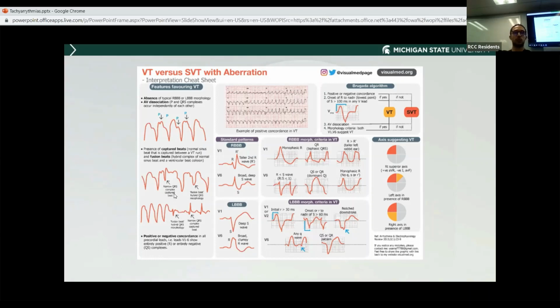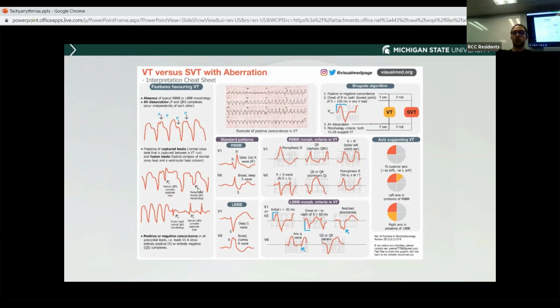So if you have a captured beat, which is a normal-looking QRS, this is a conducted beat that sneaked in within the continuous wide complex tachycardia of the ventricles and found its way to be conducted. If you have a single regular narrow complex, this is a VTAC.